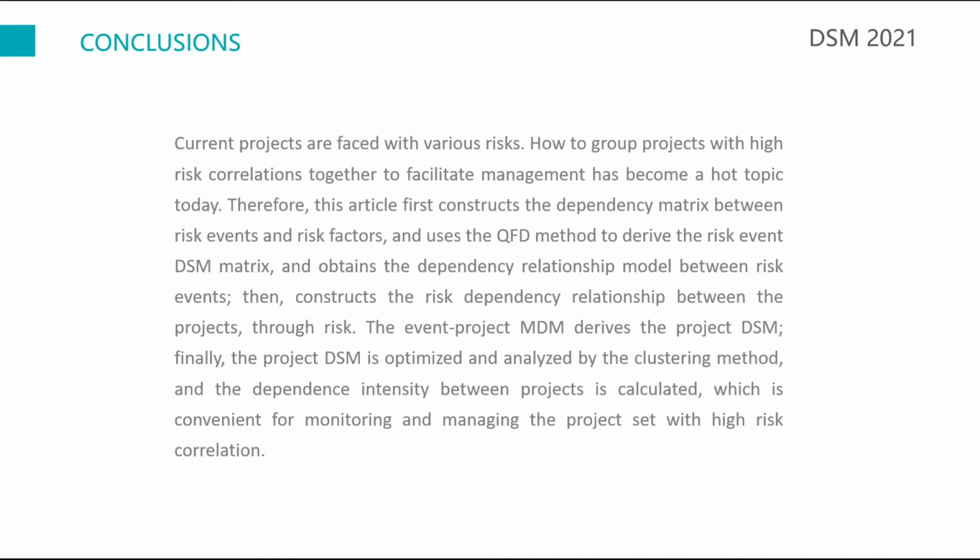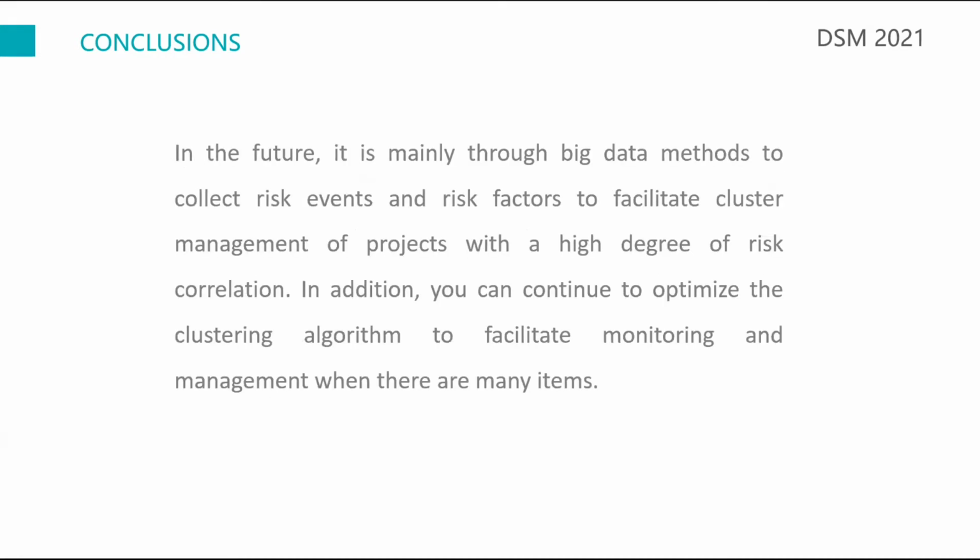Finally, the project DSM is optimized and analyzed by the clustering method, and the dependency intensity between the projects is calculated, which is convenient for monitoring and managing the projects with high risk correlation.